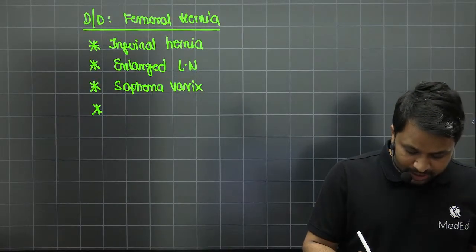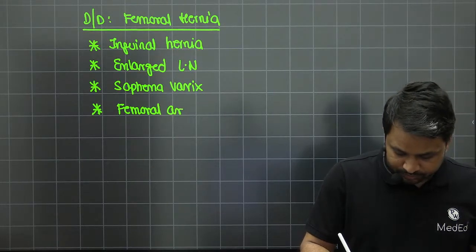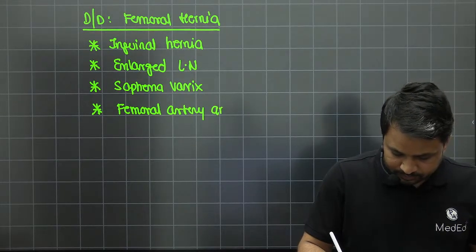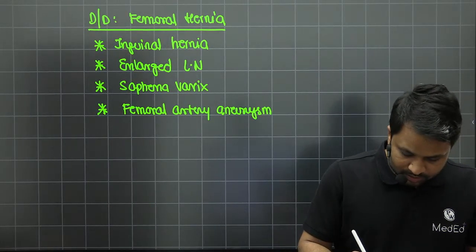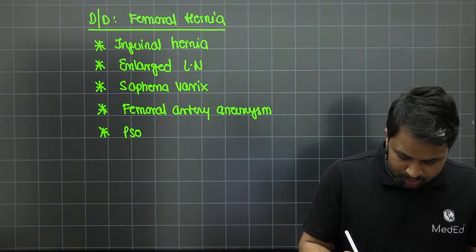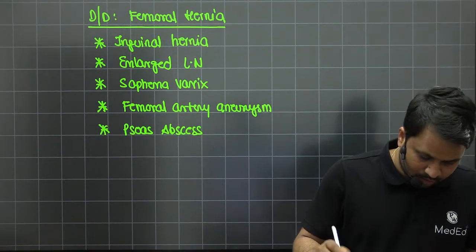Then a vascular aneurysm, usually the femoral artery aneurysm, which can be secondary to a psoas abscess.